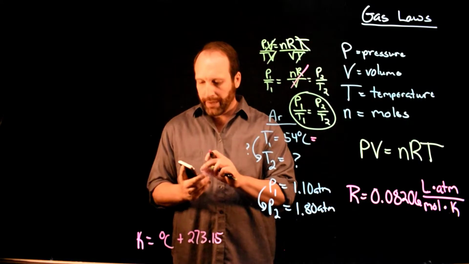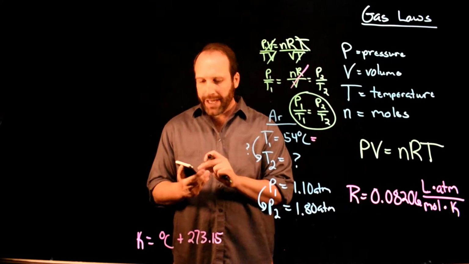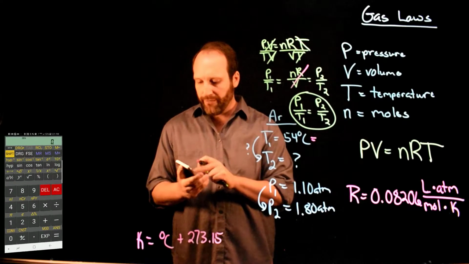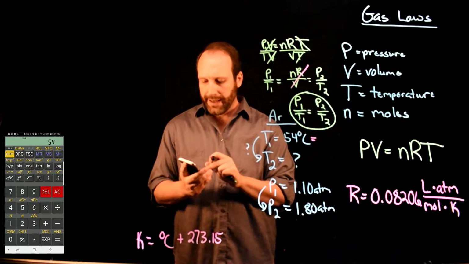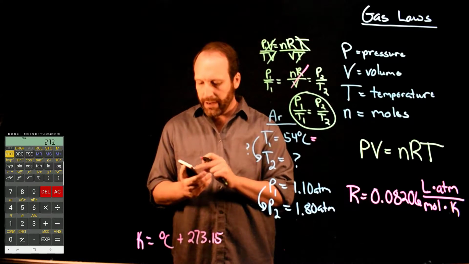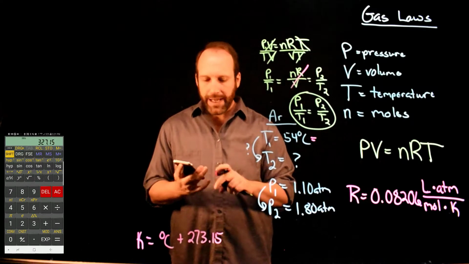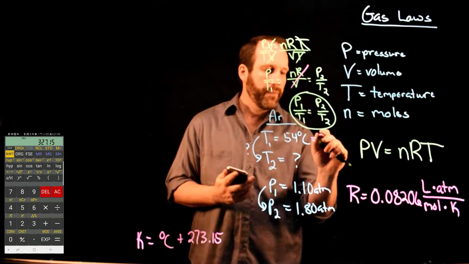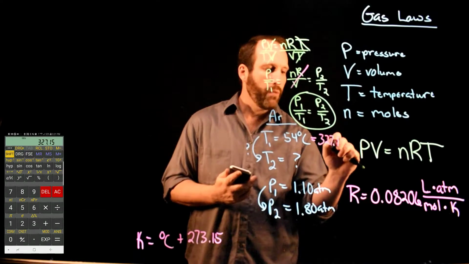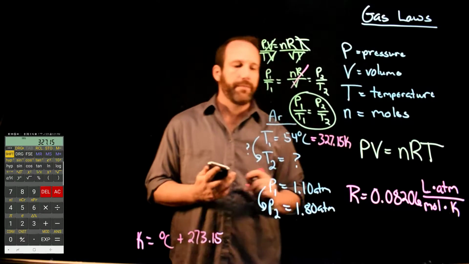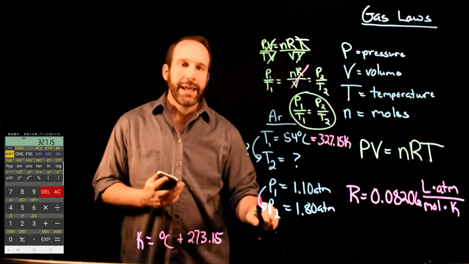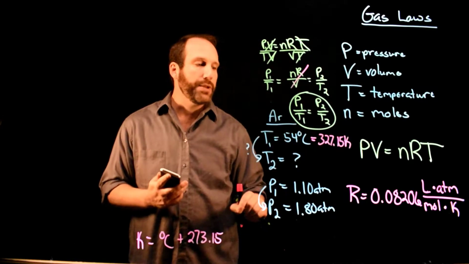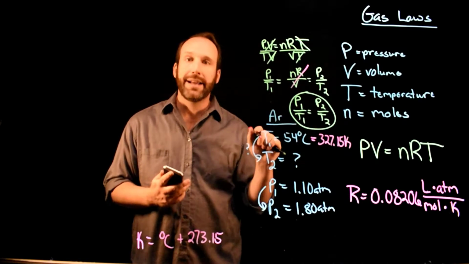Okay. So before we go any further, let's write T1 in Kelvin. Let me bring up our calculator again. We're starting with a temperature of 54 degrees Celsius. Let's add to that 273.15, and that equals 327.15 Kelvin. Okay. We know P1 and we know P2. We now know T1 in Kelvin.